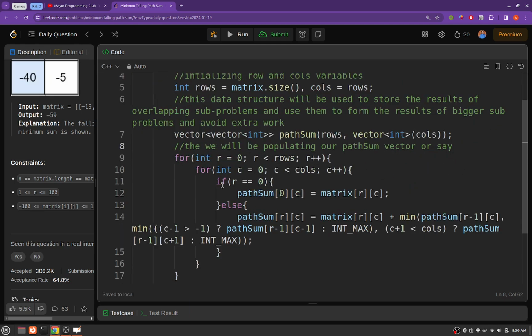So if it is the first row, then you have to pick one element from this row.